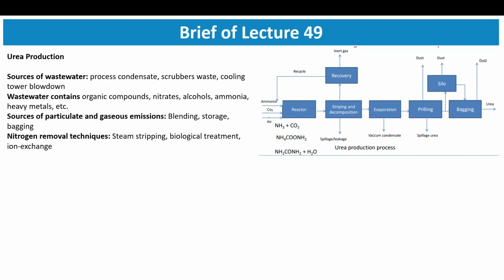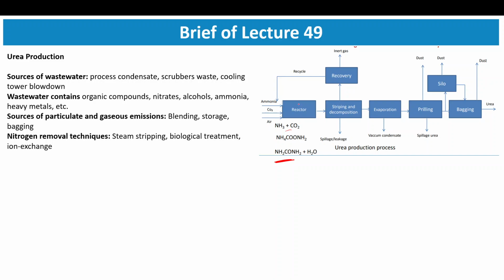So this is the urea synthesis process, where urea has the formula NH2CONH2. It is formed by the reaction between ammonia and CO2, where the intermediate is known as carbamide.